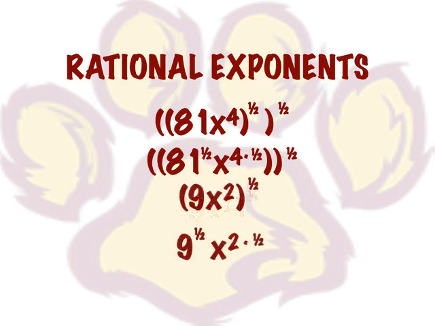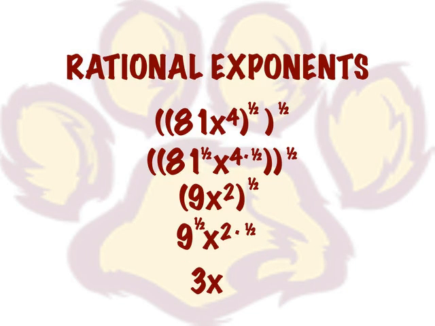Again, we'll distribute into the parentheses, get 9 to the half times x to the 2nd times half power. Again, we follow our exponent rules, and the square root of 9 is 3. X to the 2nd times half becomes 1. So our final answer would be 3x.